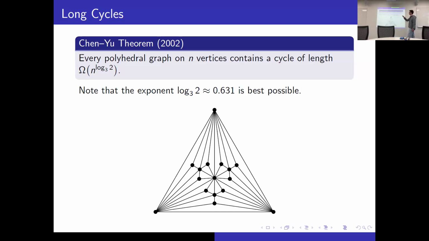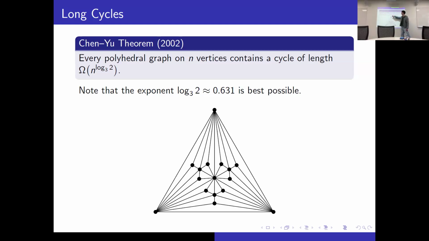Chen and Yu proved in 2002 that if your graph has n vertices, then you must find a cycle whose length is at least n to the power log base 3 of 2. So it's roughly n to the 0.6.